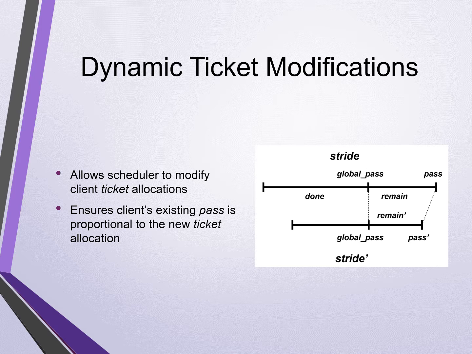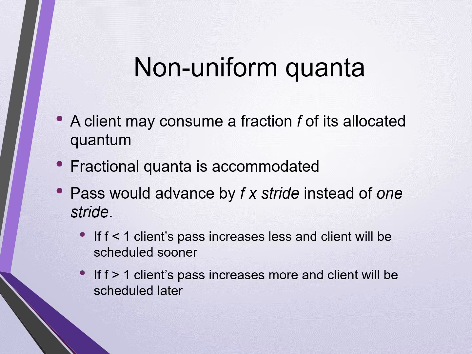To determine the new pass, the new remain, which is the remaining portion of the client's current stride, is scaled to reflect the new stride, or remain times new stride divided by old stride. If its ticket allocation would have decreased, then pass would increase, expanding the remain until the client is next selected.